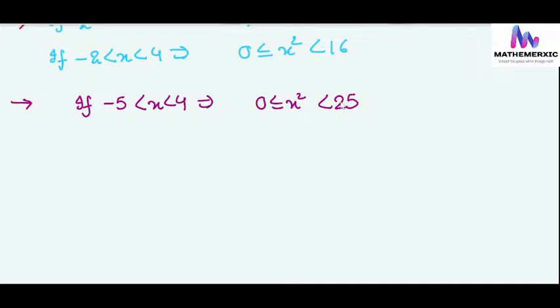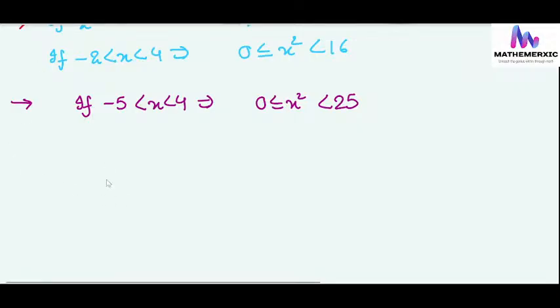So a is less than b implies that a square is less than b square follows only when the distance of a from 0 on the real number line is less than the distance of b from 0.